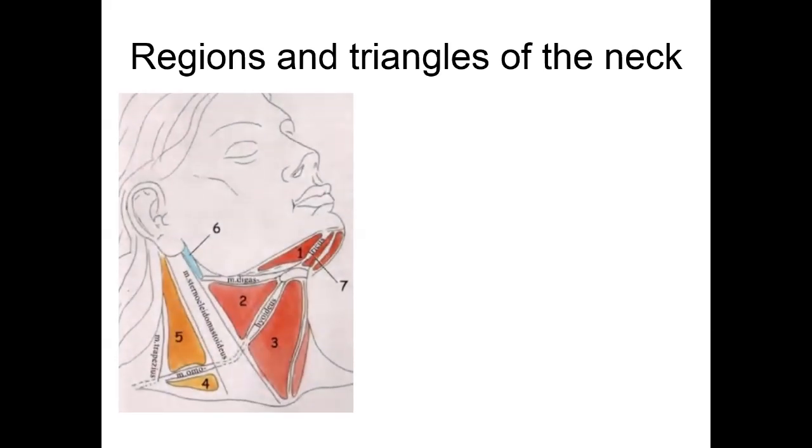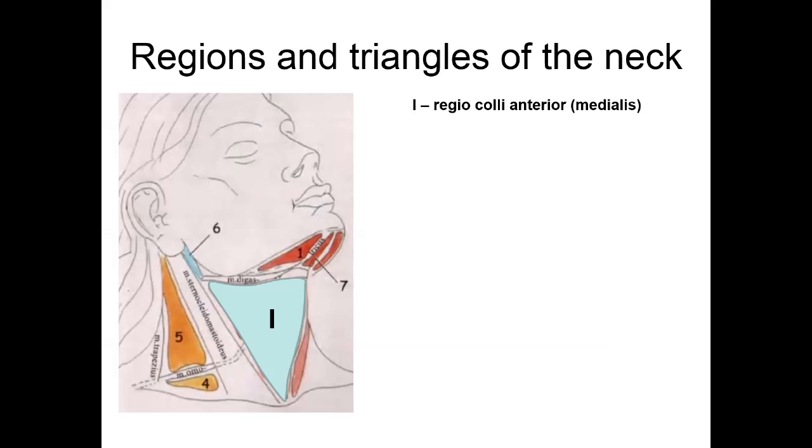In this picture, you can see a lot of topographical districts of the neck. Two large ones are demonstrated here with blue color, and number one is regio colli anterior or regio colli medialis.